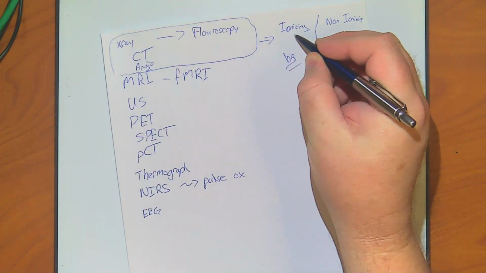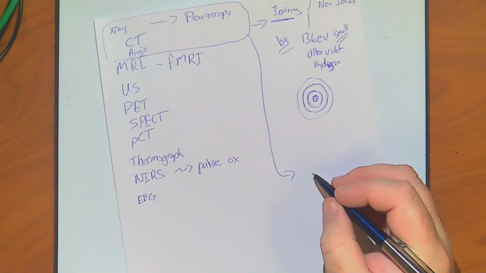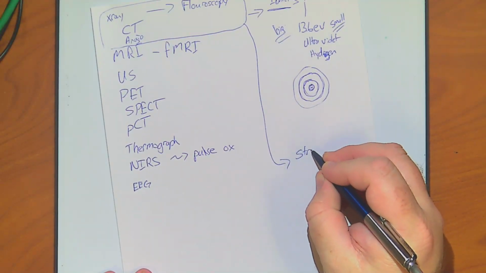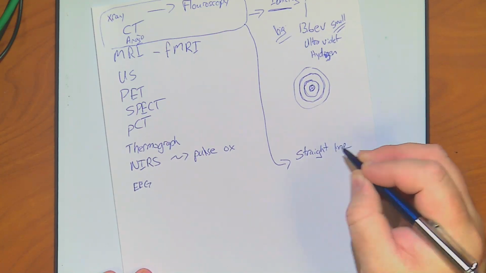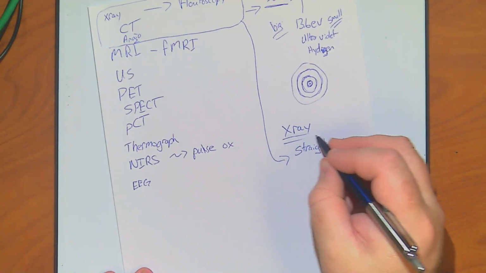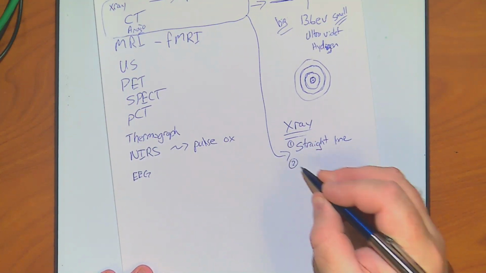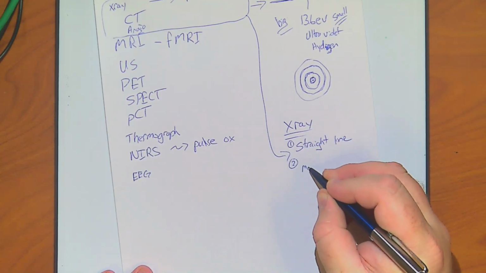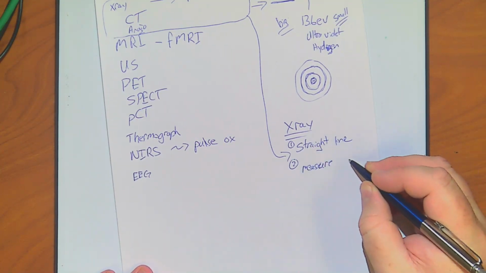So for our assumptions here under CT, it's on the ionizing side. And we're going to make a second assumption, it's straight line. So we want straight line, and we measure the non-absorbed.